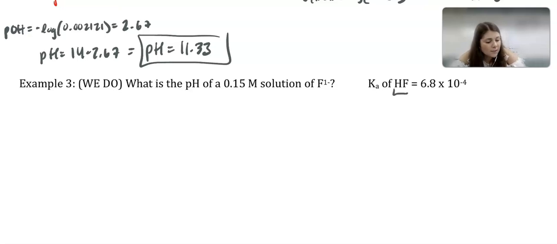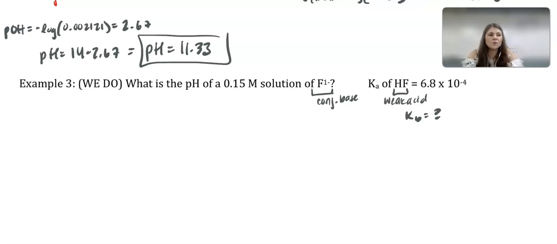So here, this is a weak acid, which means this has to be its conjugate base. So what you need to do first is solve for what Kb is, knowing that equation that connects Ka and Kb together, and then you can start approaching the problem. So yeah, this got you started. Why don't you pause the video, try this out yourself, then click play and I'll go over the answer.